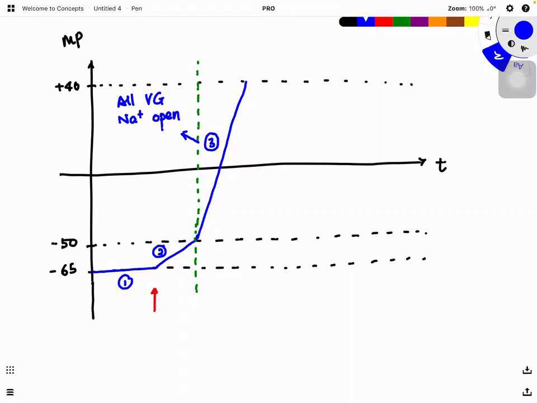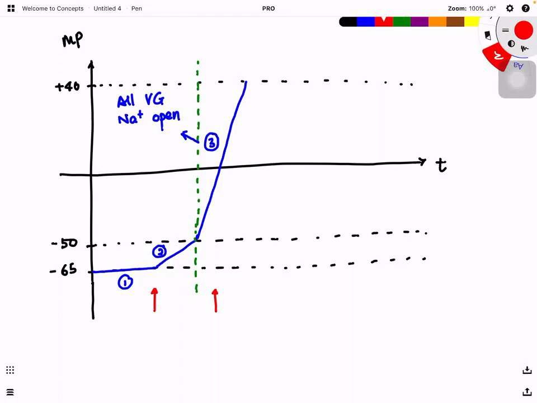The same goes for our neuron. During this period, you have already achieved the maximum number of voltage gated sodium ion channels open. So if you give a stimulus again at this moment, it is useless. We won't be able to differentiate it at this moment.